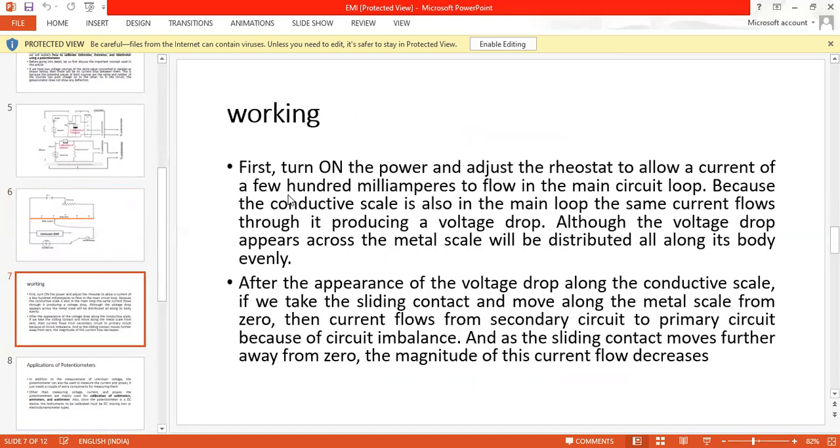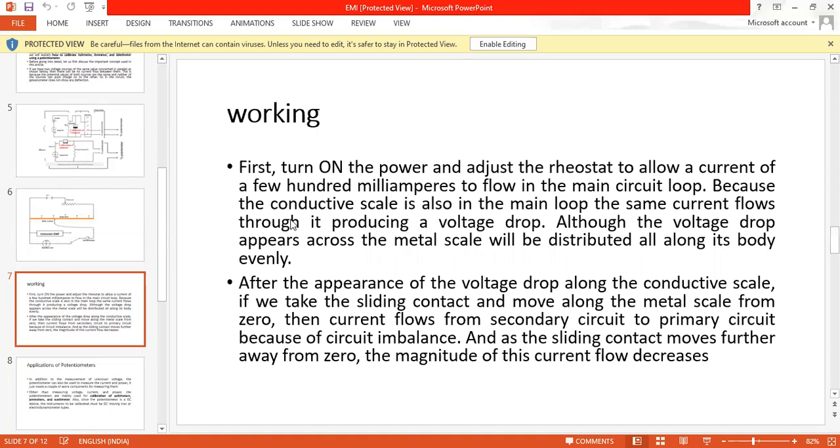Working. Let's discuss the working. First, turn on the power and adjust the rheostat to allow a current of a few hundred milliamperes to flow in the main circuit loop. Because the conductive scale is also in the main loop, the same current flows through it, producing a voltage drop. The voltage drop across the metal scale will be distributed evenly along its body.